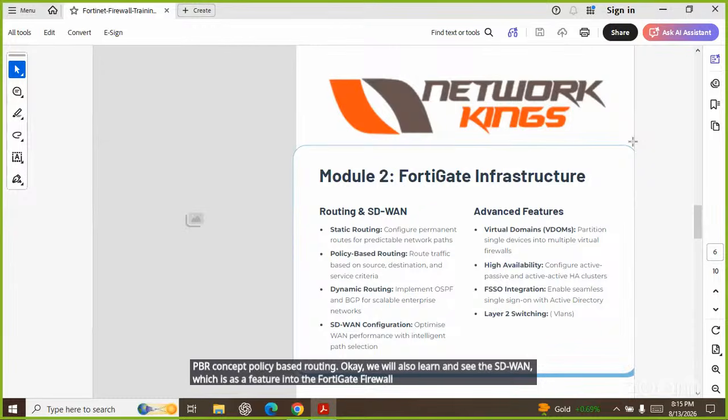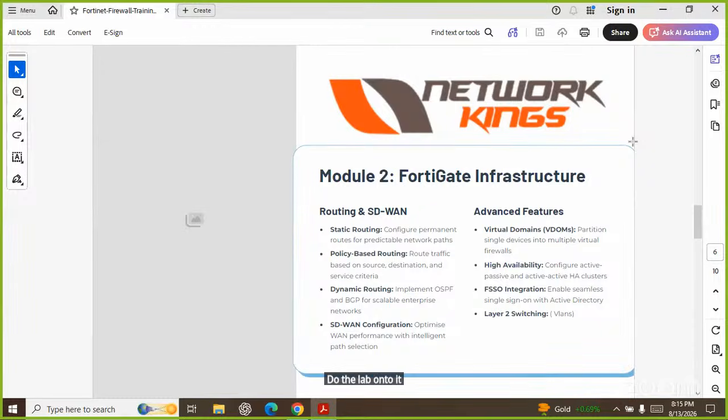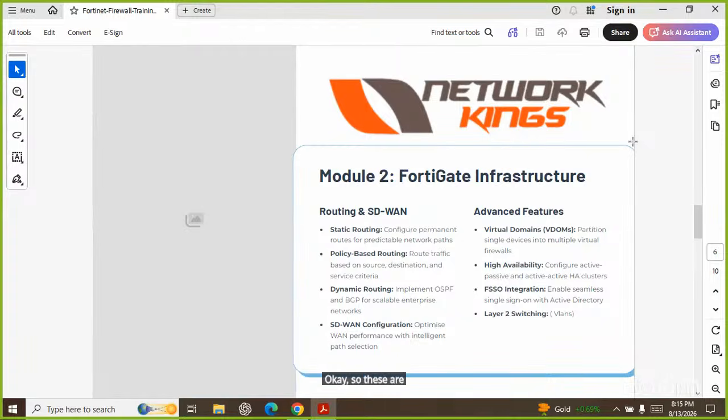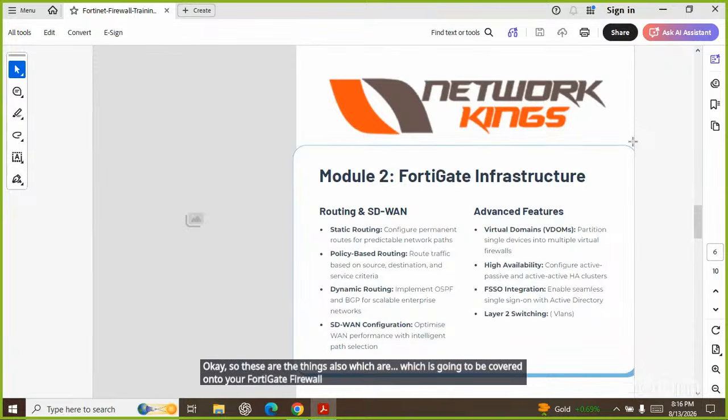So that is also something which we are going to do a lab on. Okay, the concept of VDOMs, clusters, right? FSSO is part of authentication only. So these are the theoretical concepts which we are going to cover. Okay, so these are the things which are also going to be covered on your FortiGate firewall, because your FortiGate firewall is capable of supporting all these functions. Okay.